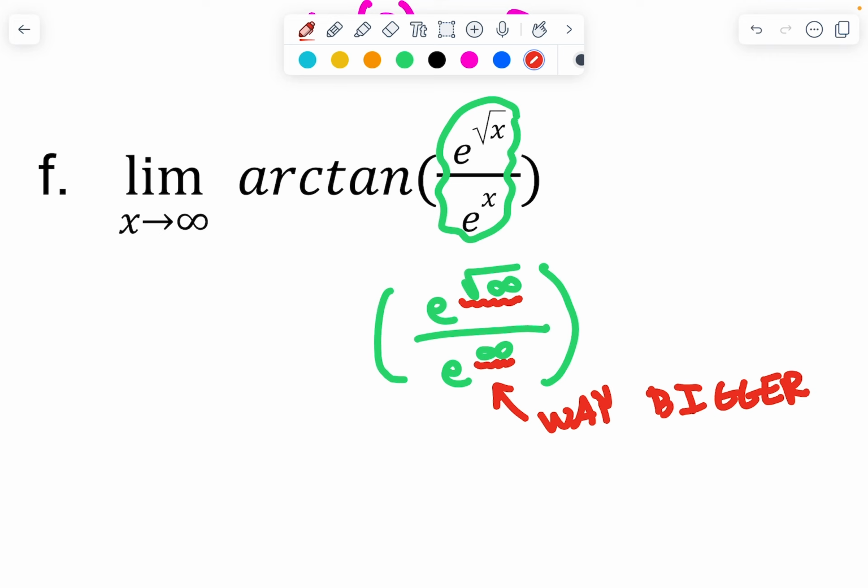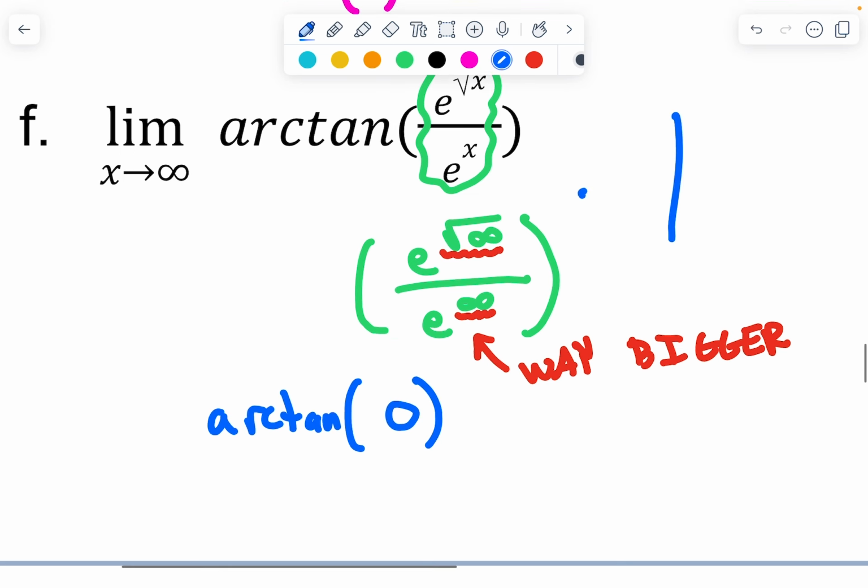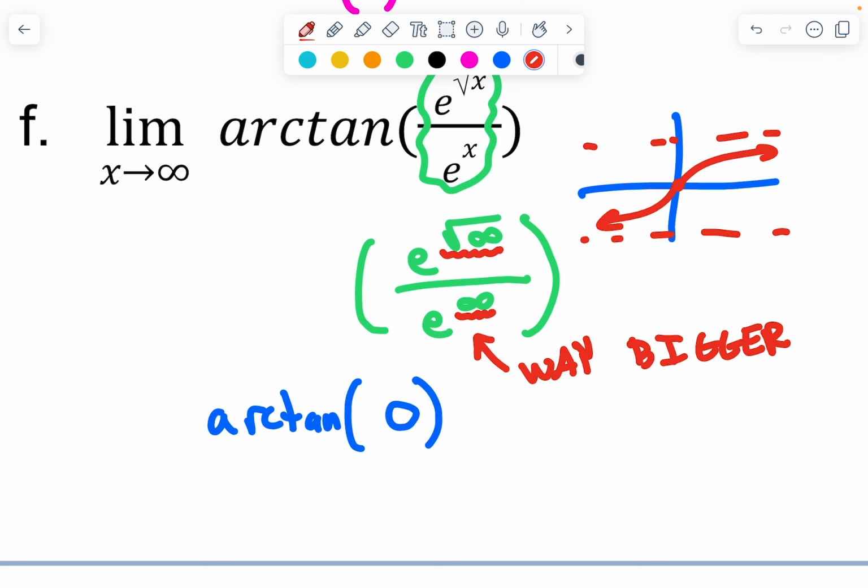E to the x is always positive. E to the root x is always positive. So we're getting way bigger, going to 0. We're coming at it from the positive direction in case that matters. So we're essentially taking arctan of 0. If we imagine our arctan function's quick curve, okay? It doesn't actually matter if we're coming at it from above or below, because arctan of 0, either direction, is going to approach 0.